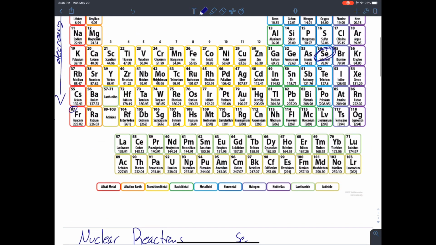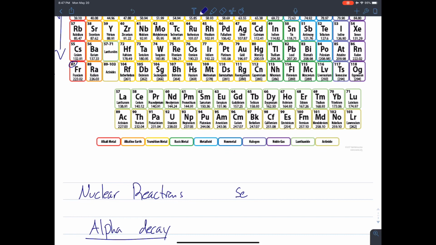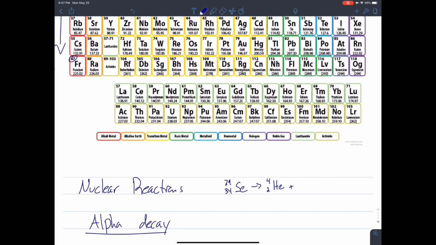Okay, so selenium on its own would be Se 79, 34. It's losing an alpha particle. The total atomic mass is going to go down by 4, so it's going to be 75, and the number of protons is going to go down by 2, so it's going to be 32.